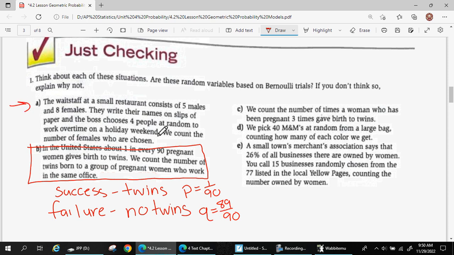In A, just a quick discussion in A, the probability of a female being chosen changes because once we choose one female, then the probability of another female being selected decreases. In C, the probability of having twins changes once you already give birth to twins. You are more likely to have twins.